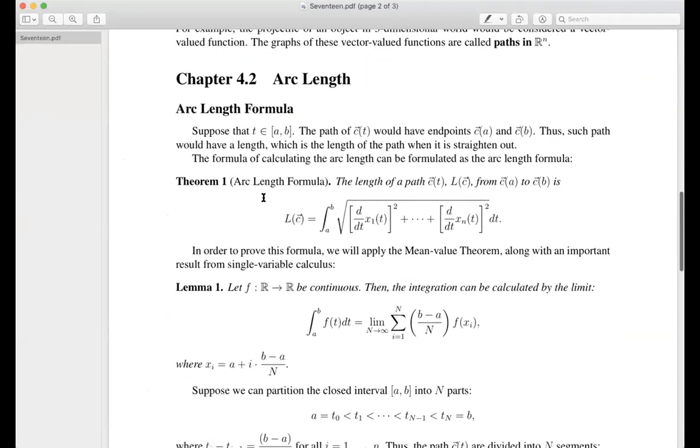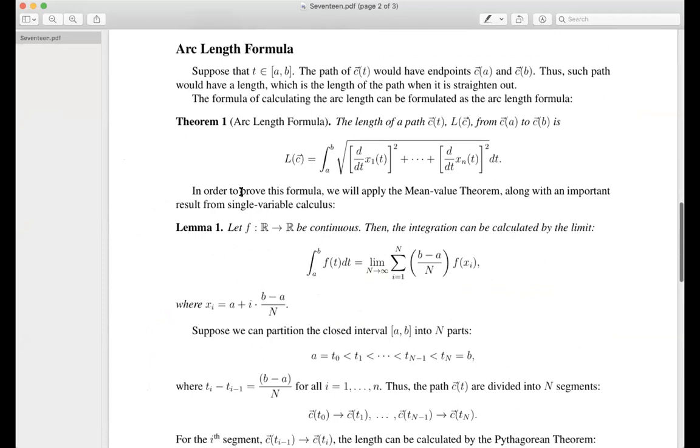So we can obtain the arc length formula.